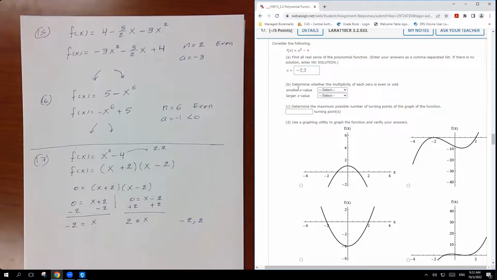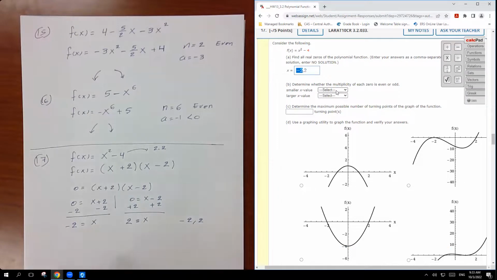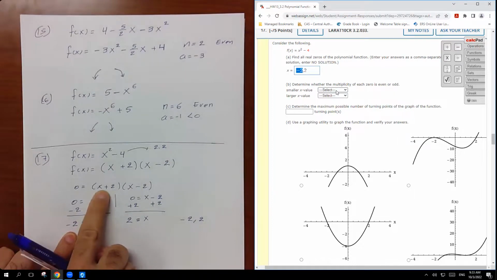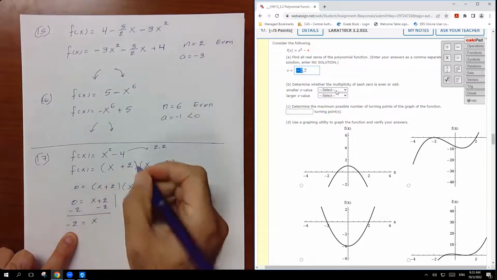Now they're telling you to describe the multiplicity of each zero. They're going to ask you for the smallest value, which is -2. I got this -2 from this parentheses, which is from this factor. Check the exponent here.